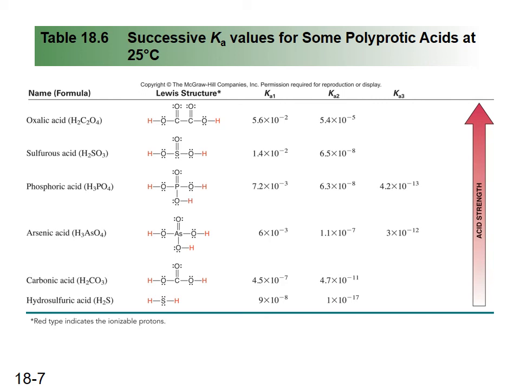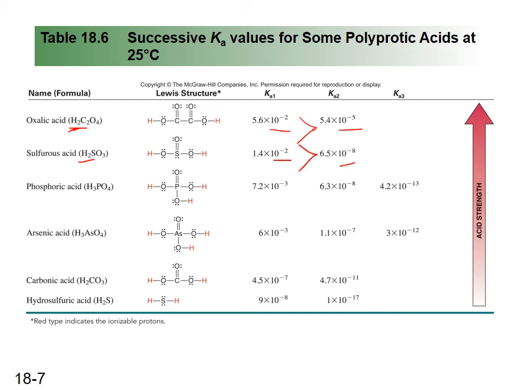Here are some polyprotic acids and their Kas. Oxalic acid, 2 hydrogens, so 2 Kas. Ka1, 10 to the minus 2. Ka2, 10 to the minus 5. So Ka1 is greater than Ka2. Sulfurous acid, 2 hydrogens, Ka1 much greater than Ka2.